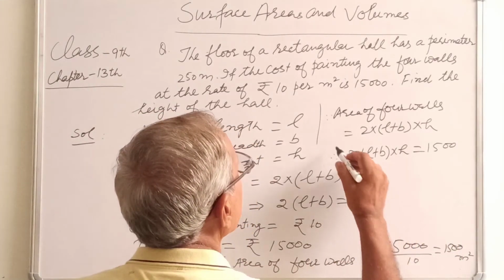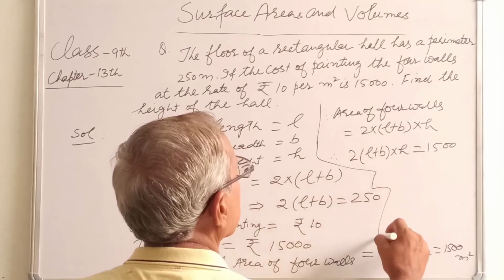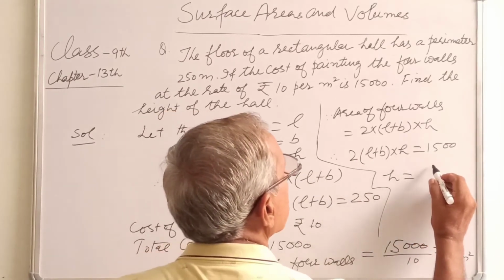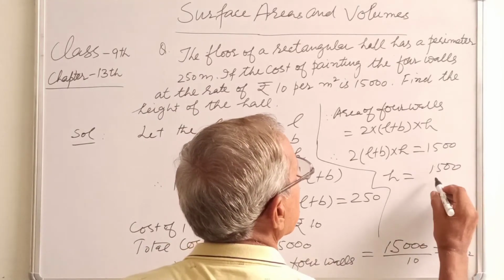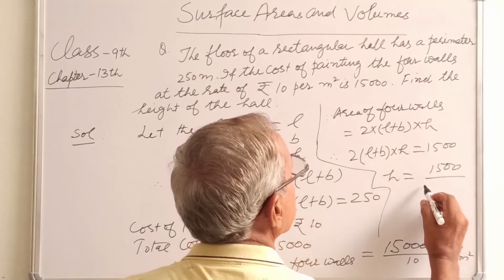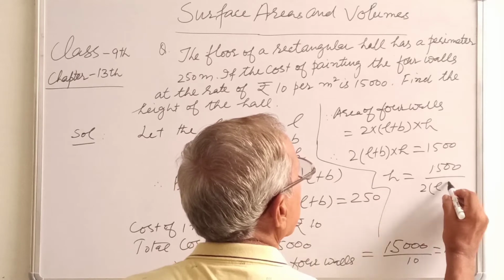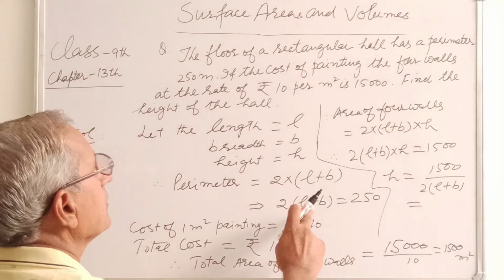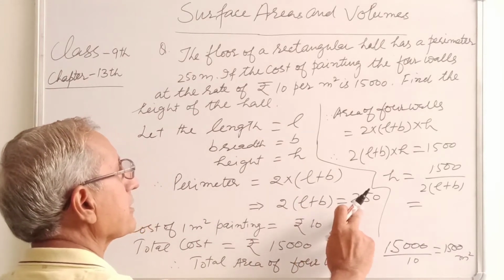So the value of H will be 1500 divided by 2 into (L plus B), and 2 into (L plus B) has been given as 250 meters.